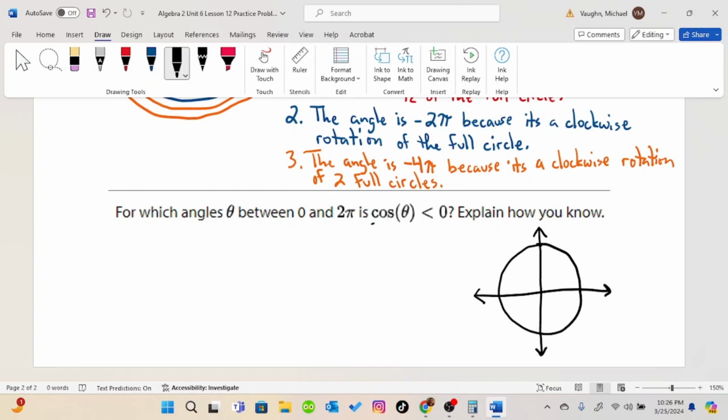And what we know is that cosine is the x value.